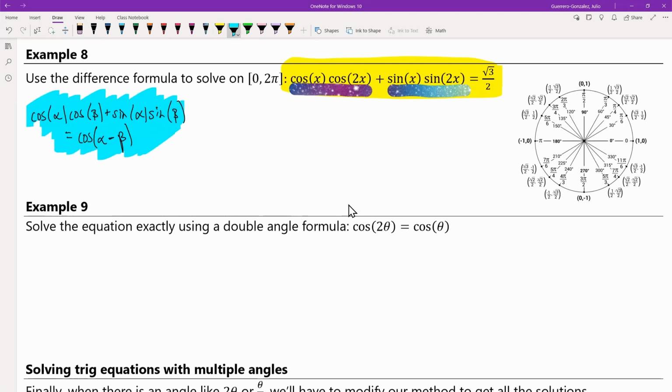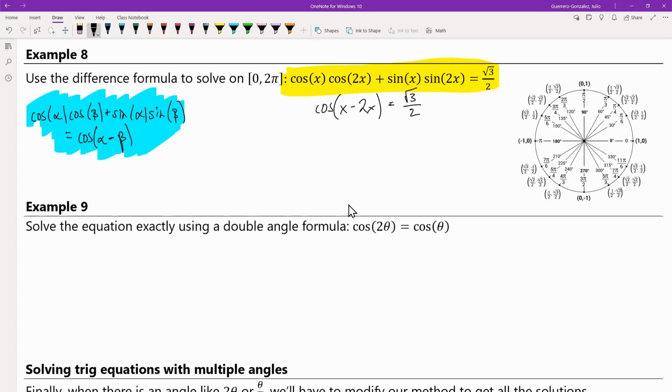If you look at this problem that we have right here, we have the left-hand side of our trig identity. So we can turn it into the cosine of alpha minus beta. So all of this reduces down to cosine of x minus 2x is equal to root 3 over 2.